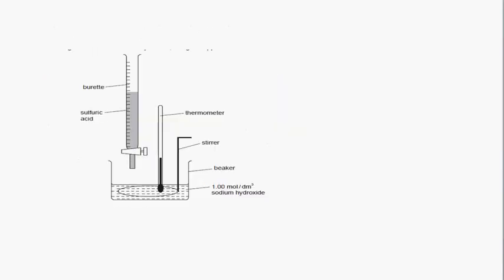So essentially the experiment looks like this. You have a burette with your acid, and we have the fixed volume of the alkali, and we continue adding 5 cm cube volumes. We stir the reaction mixture and record the temperature.